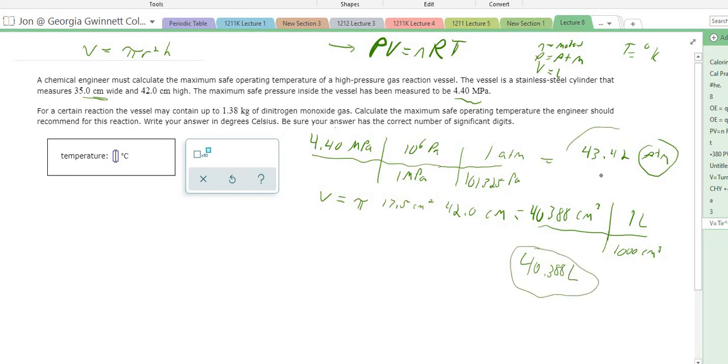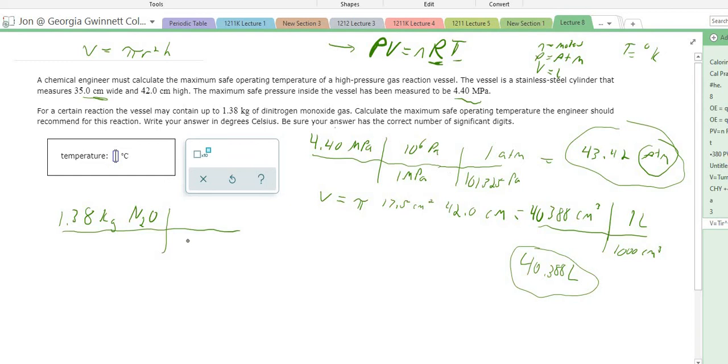So I've got pressure in atmospheres now, and volume in liters. R is given, we know what R is, and we're trying to find temperature. All we have left to get is moles. I have 1.38 kilograms of N2O, which is what dinitrogen monoxide is. I need grams because I need the molar mass.